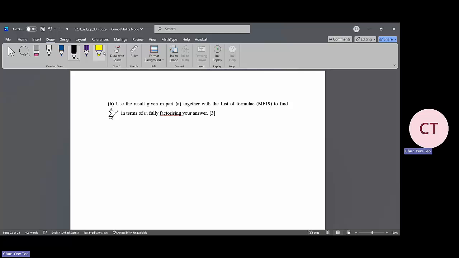They want you to use the formula booklet, MF19, to find the sum of r⁴ in fully factorized form. So from A, we already know this result. If you use the formula booklet, that means I have to expand the left-hand side and make it become 2 series.